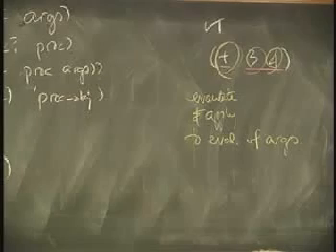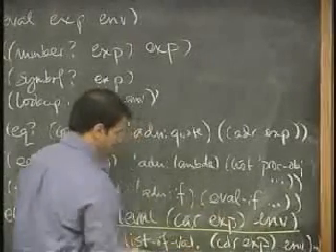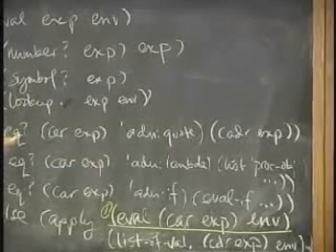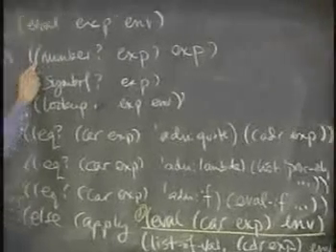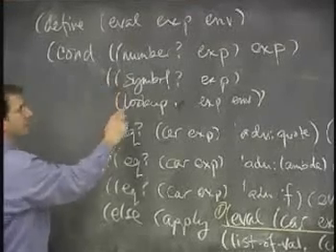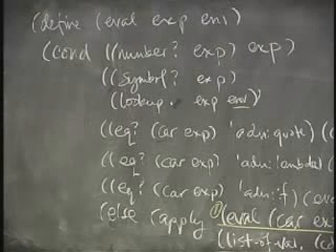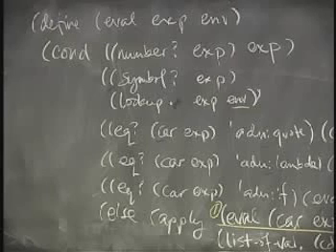Evaluating the operator is this first call here: eval car of expression, which will be the operator, in the environment. In this case, the car of the expression is the symbol plus. We come back in. Is it a number? No. Is it a symbol? Yes. And so we look it up in the environment. We're going to arrange things so that the symbol plus provides us with the primitive procedure underlying in Scheme.